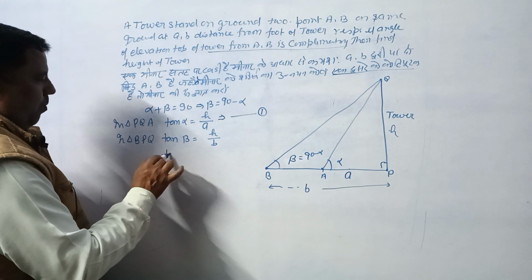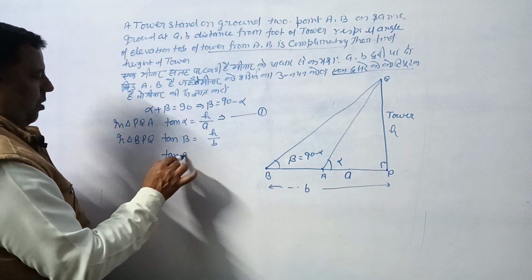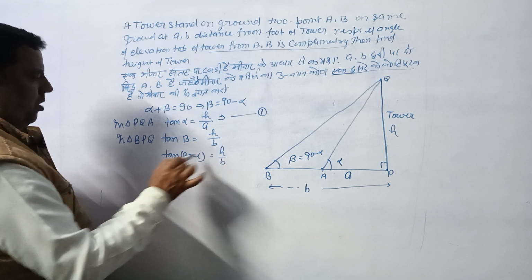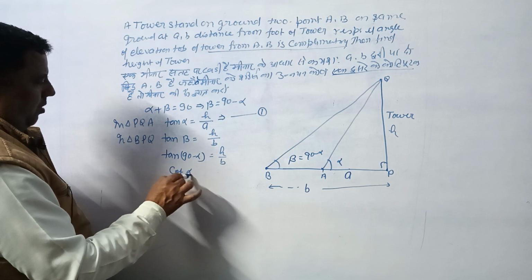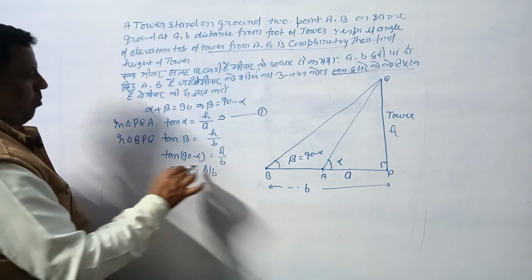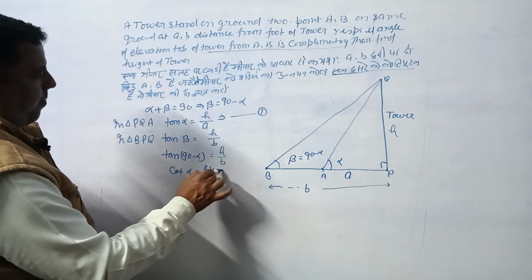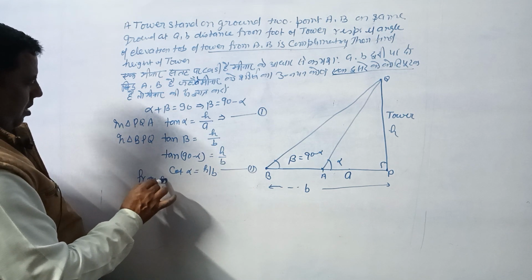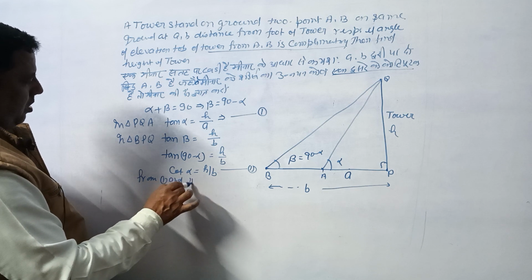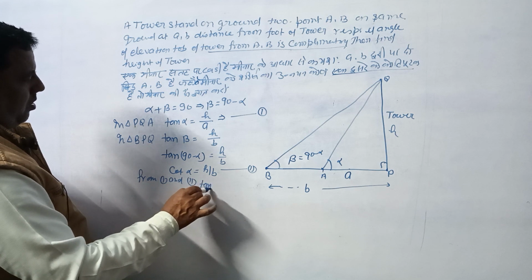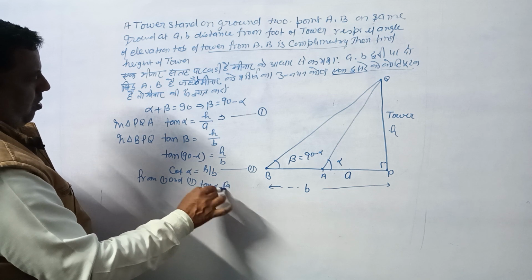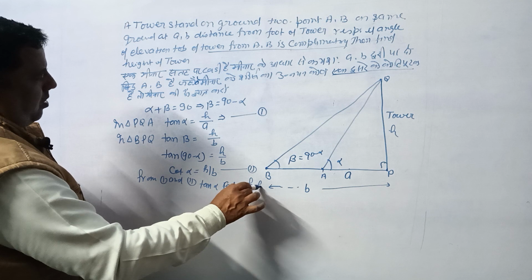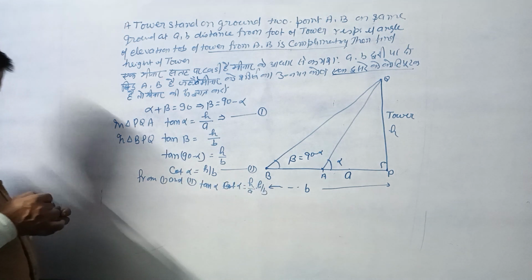Therefore, beta is 90 minus alpha, so tan of 90 minus alpha, that is cot alpha, equals h by b. This is the second equation. From first and second, tan alpha and cot alpha equal h by a and h by b.